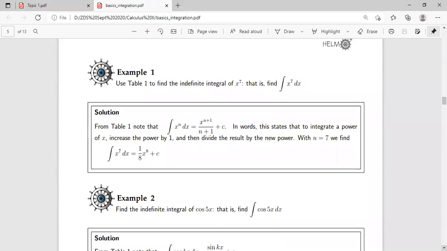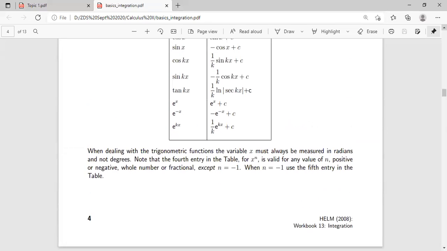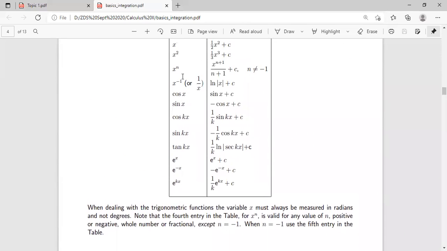Now, for example, if you've been asked to use table 1 to find the indefinite integral of x raised to the power of 7, then you are going to apply the formula. We are going to apply this formula where x is raised to the power of 7.